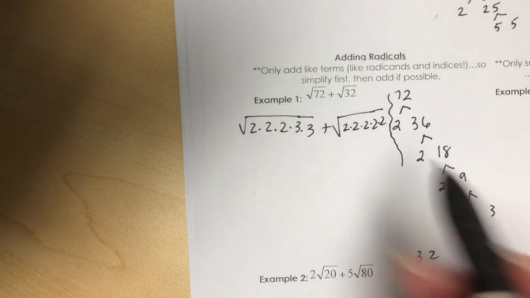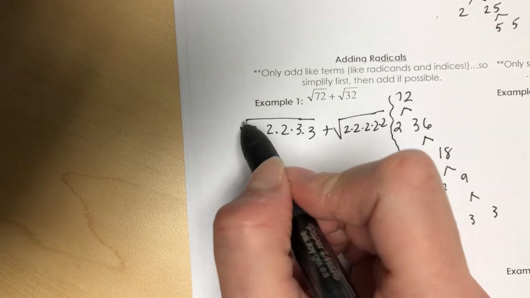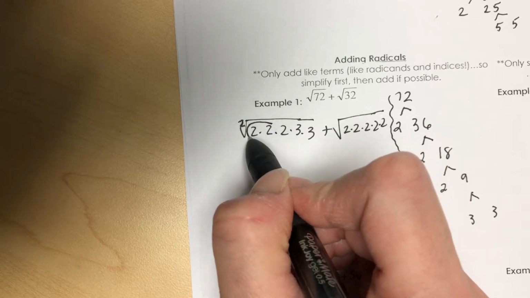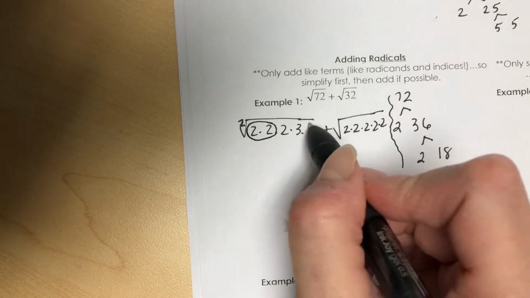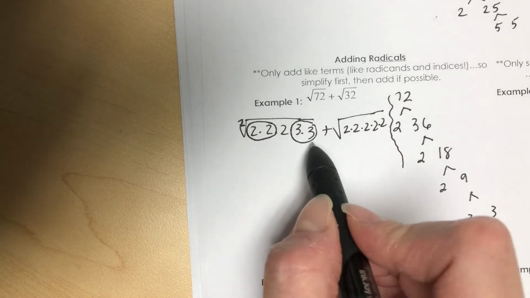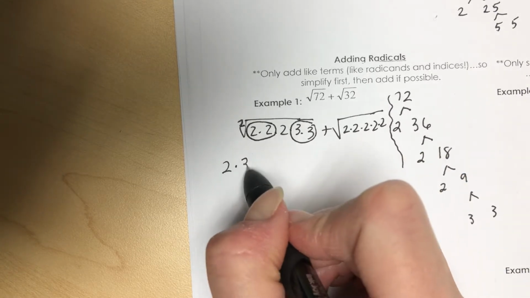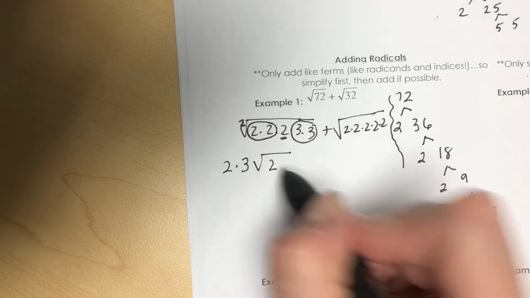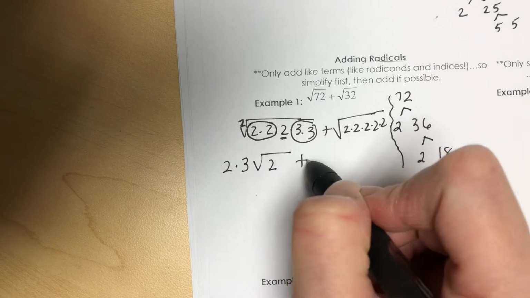All right. What kind of groups do I need? These are square roots, so I want pairs. There's a pair of 2s I can circle. There's a pair of 3s I can circle. So I could take a 2 out, take a 3 out, multiply them, and this guy stays inside. Bring down the plus.